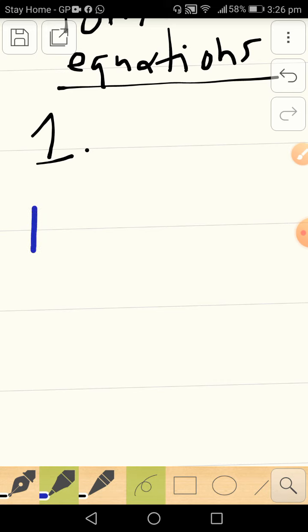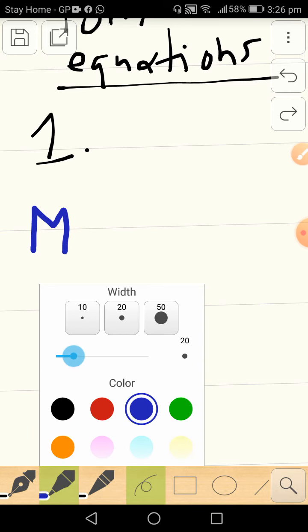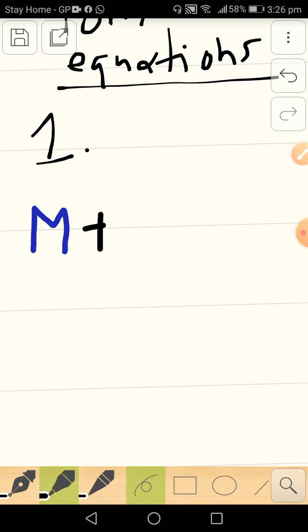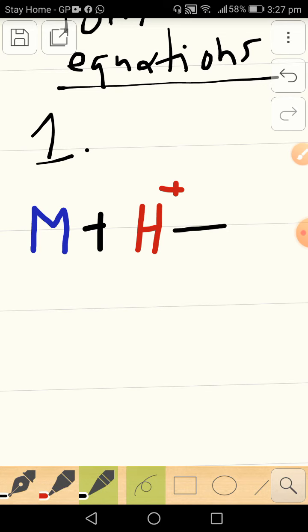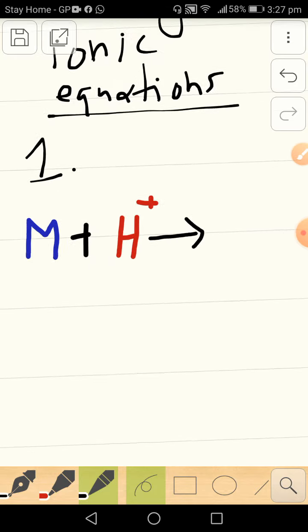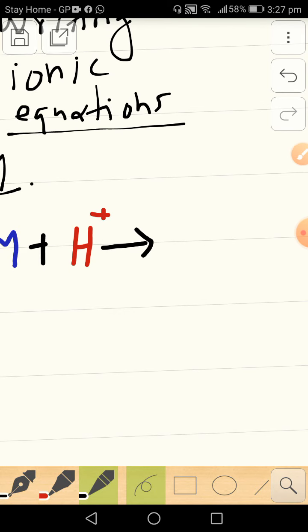So this is a metal which will react with the acid, and acid contains H plus. Now what will the reaction be?